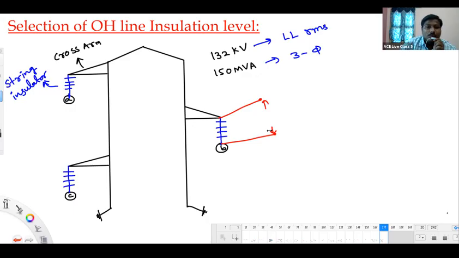That we have to know. It's a very simple and very familiar concept. Look here: this tower is connected to ground. What is ground potential? Anybody, please tell me. What is ground potential?